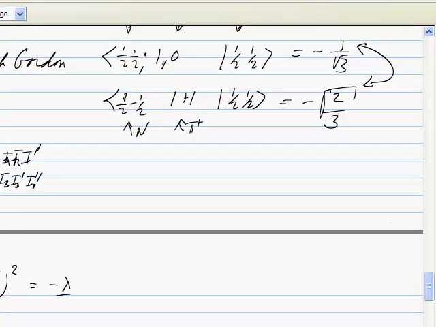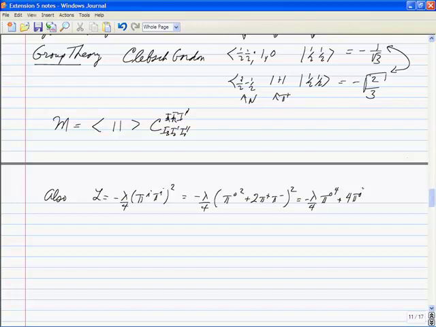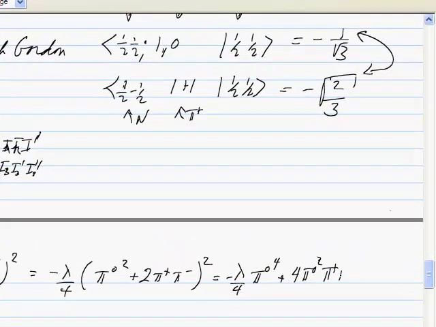That's minus lambda over 4 times (pi 0 squared plus 2 pi plus pi minus) quantity squared, equals minus lambda over 4 times pi 0 to the 4th plus 4 pi 0 squared pi plus pi minus plus 4 pi plus squared pi minus squared.